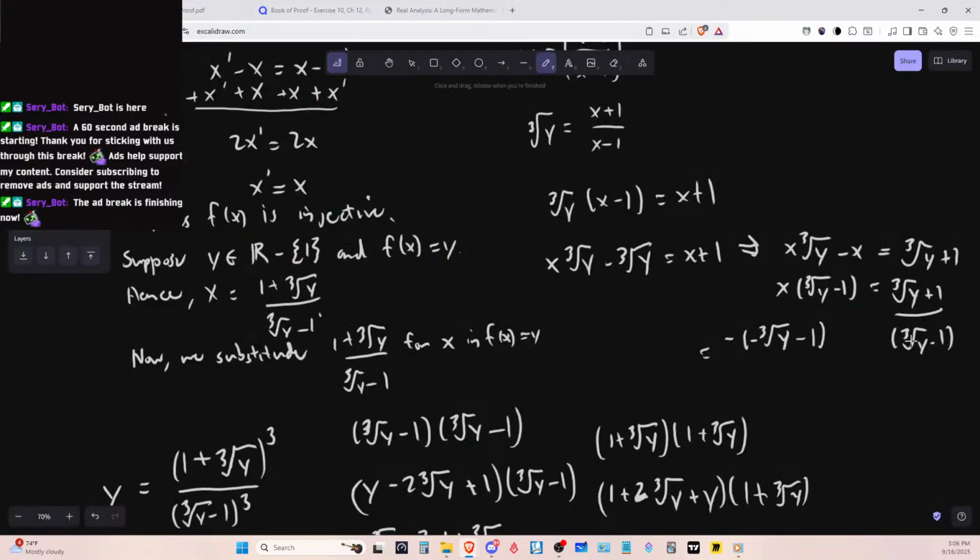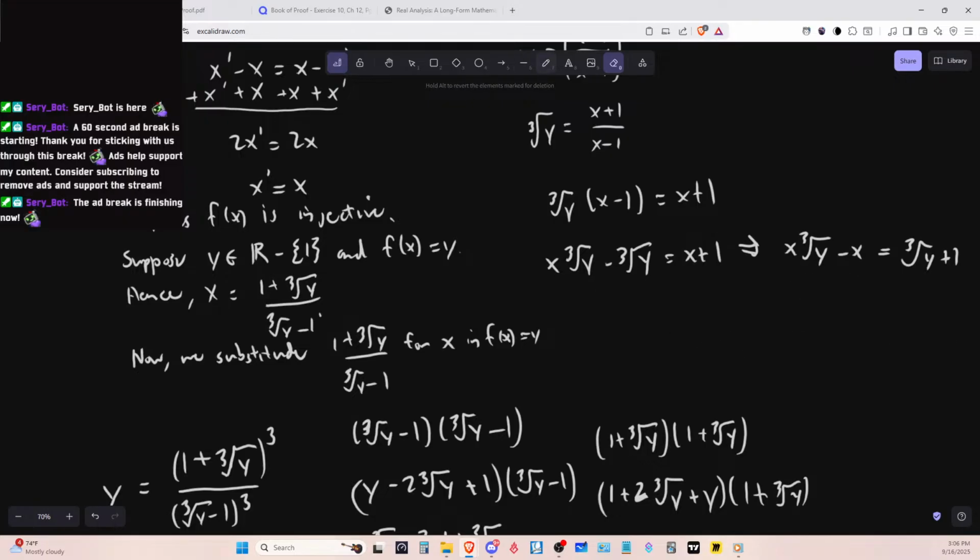So somehow this one is, well, technically it would be like this. And then that would, I mean, that would be the reason why it's positive. And the bottom would be negative right here.